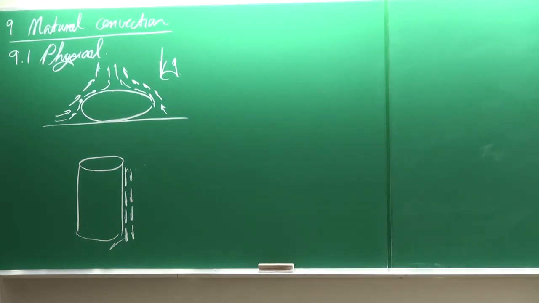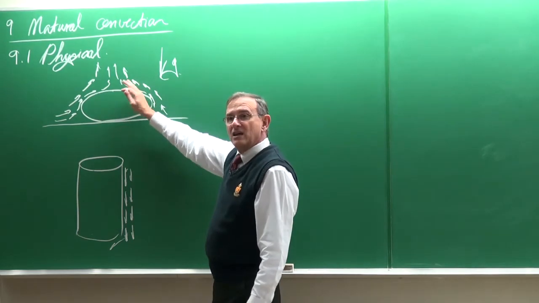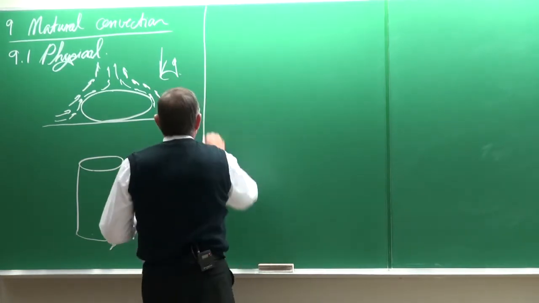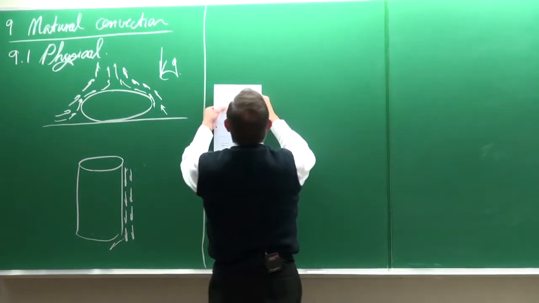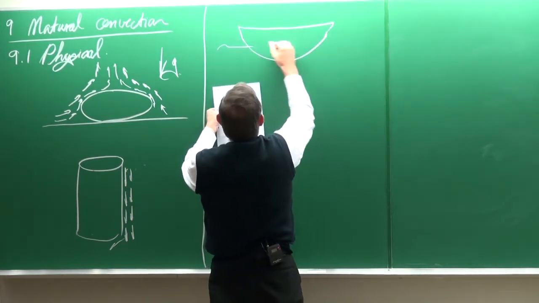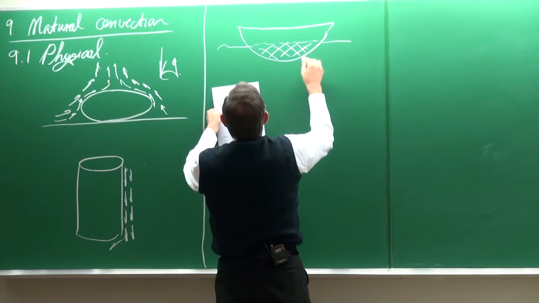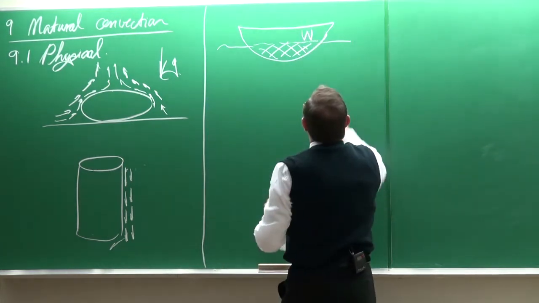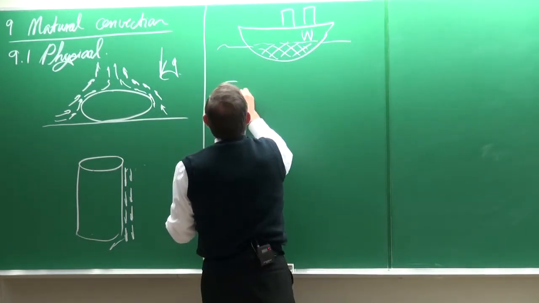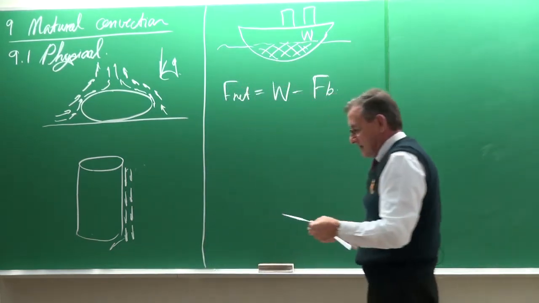So the physical mechanism is, I've mentioned here with the air, that the hot air rises. That is not actually technically correct. This comes from the fact that if we have a body, let's suppose a ship, and there it is in water, it displaces a certain amount of water, and the ship has a weight of W, then the net force would be equal to W minus the buoyancy force.